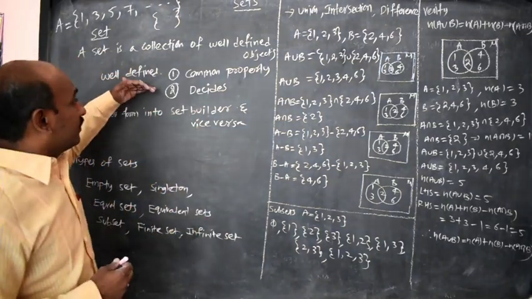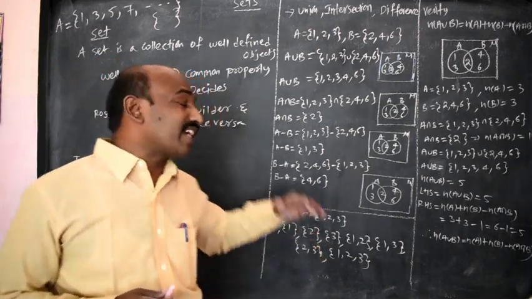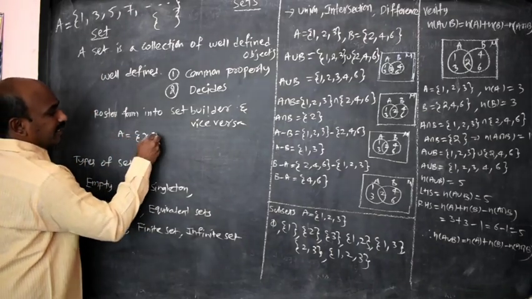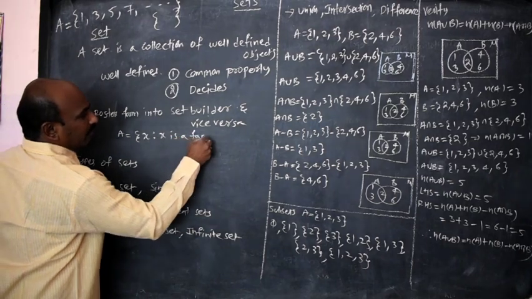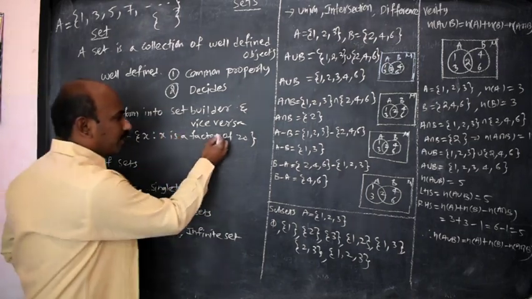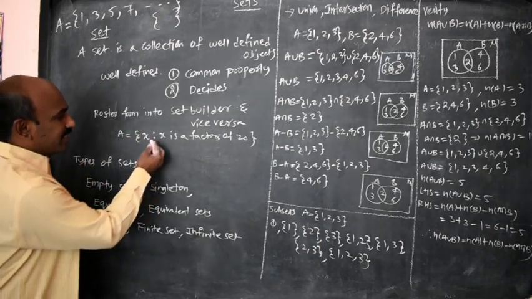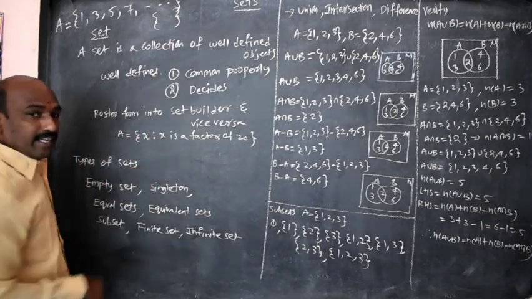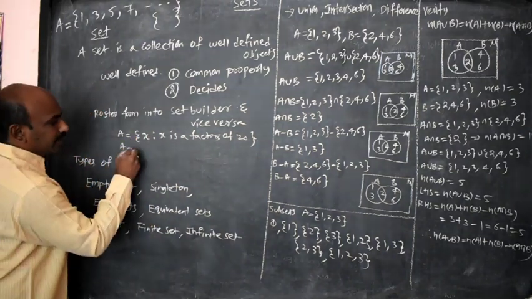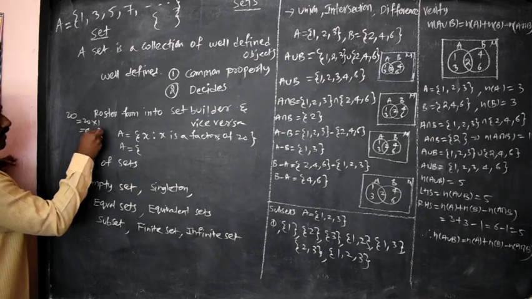Second, we can convert roster form into set builder form and set builder into roster, vice versa. If you take A equal to {x such that x is a factor of 20}, we can write it like this. This is in the form of set builder; we can use a colon or an oblique bar, either way. In roster form, for the factors of 20, we can write 20 into 1, 4 into 5, 2 into 10.